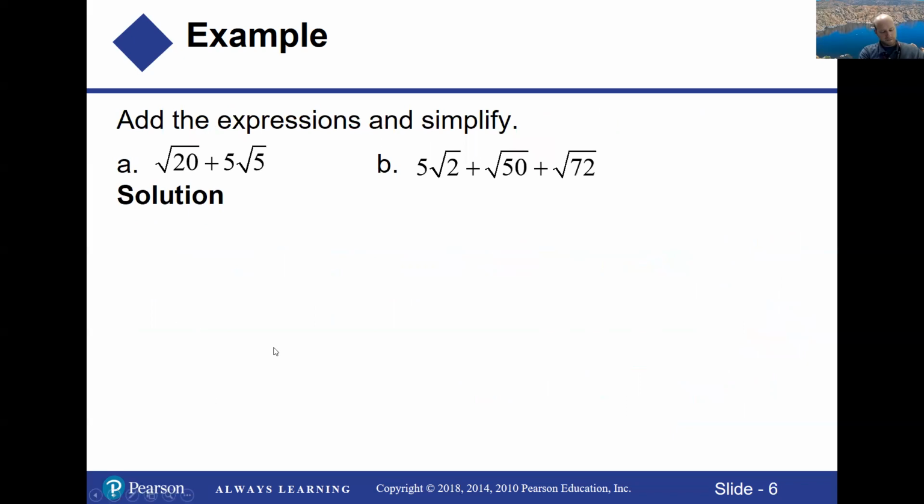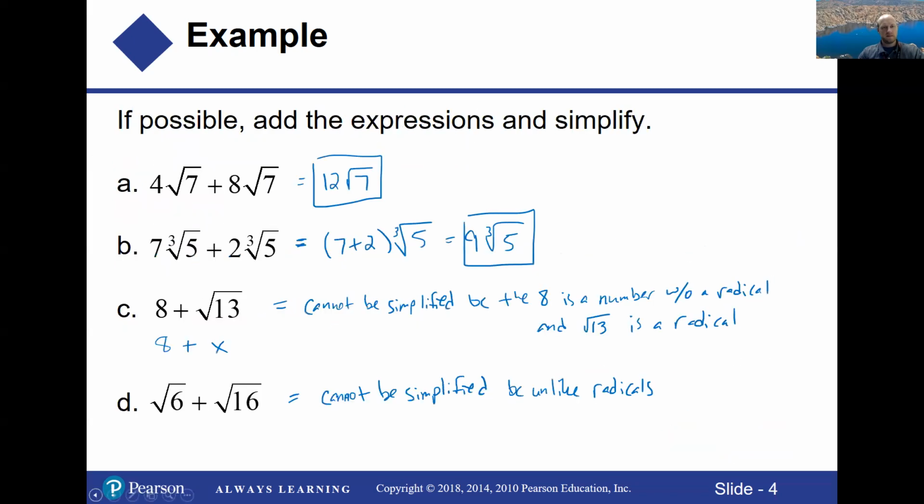All right, now, just like with what I did earlier, when I showed you that first one, I can add these as well, if I have like radicals. So we saw earlier that these ones I could add, right? They already had a like radical. These ones, there's no way that I could have simplified this.